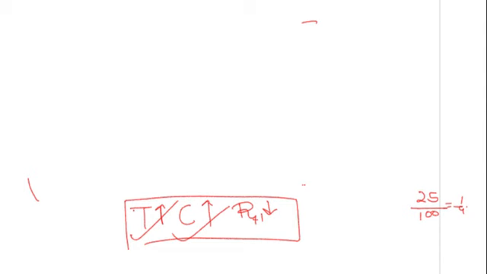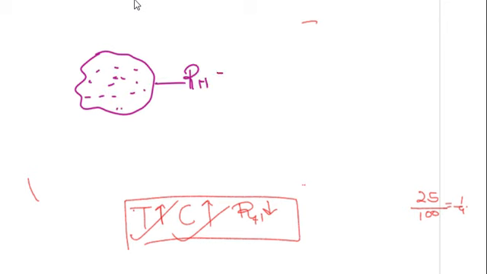What is dew point? Suppose this is a cloud, and it is completely filled with moisture. That means its relative humidity is complete, full amount by full amount, that is 100%. So it cannot hold anything more.